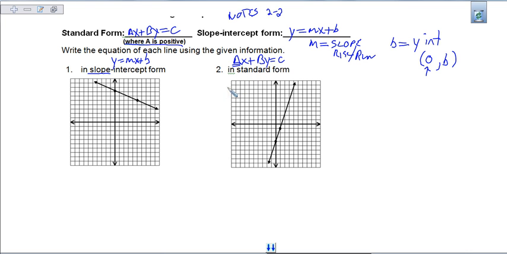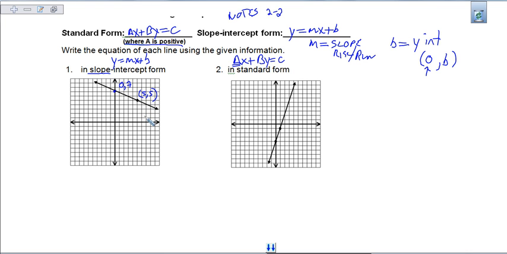So let's go ahead and see if we can find the y-intercept to begin with. Looks like that's up the graph 1, 2, 3, 4, 5, 6, 7. So we have 0, 7 for a point, and we have 1, 2, 3, 4, 5, and up 1, 2, 3, 4, 5. So our second point is 5, 5.